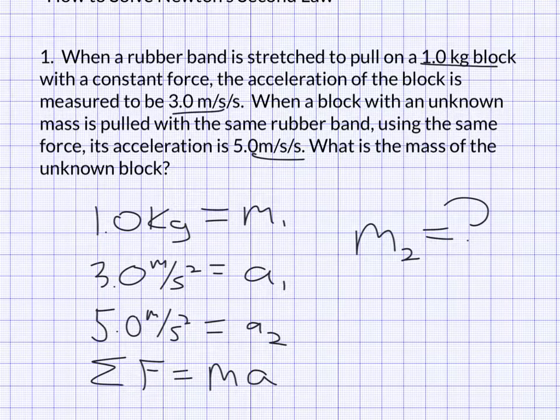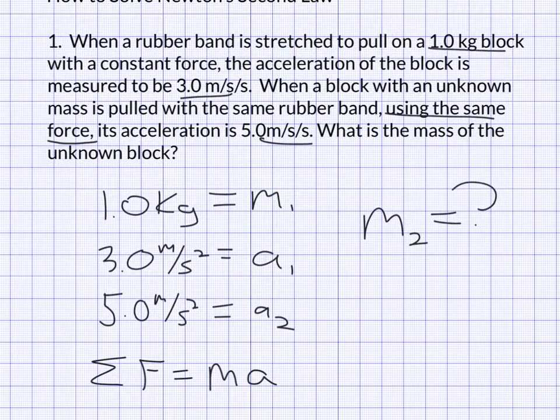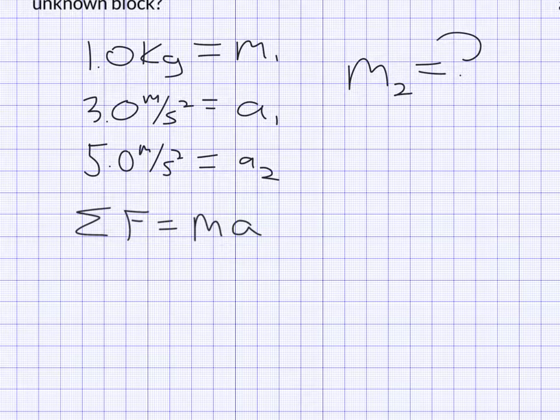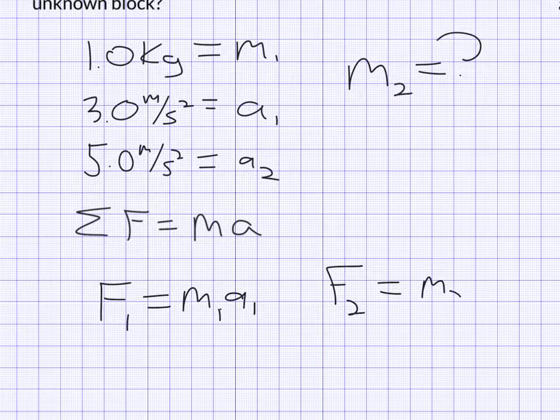We're using the same force. So the sigma F in both cases is the same, so we could say, since there's only one force, the force of the rubber band, we could say that force 1 is equal to mass 1 times acceleration 1, but force 2 will be equal to mass 2 times acceleration 2, and force 1 is equal to force 2.